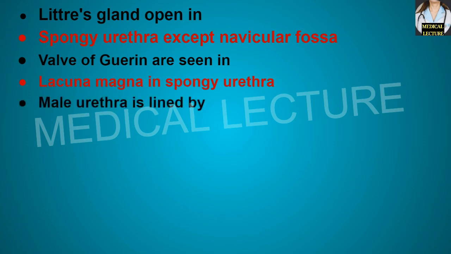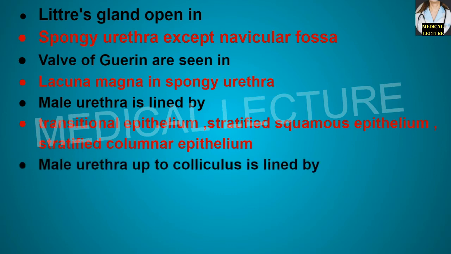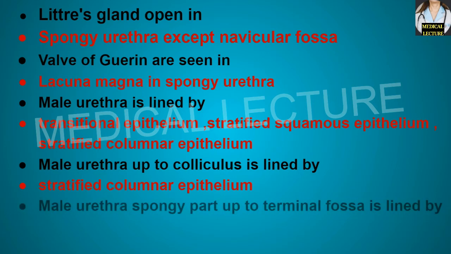Male urethra is lined by which epithelium? Transitional epithelium, stratified squamous epithelium and the stratified columnar epithelium. Male urethra up to colliculus is lined by which epithelium? By the transitional epithelium. Male urethra spongy part up to the terminal fossa is lined by which epithelium?